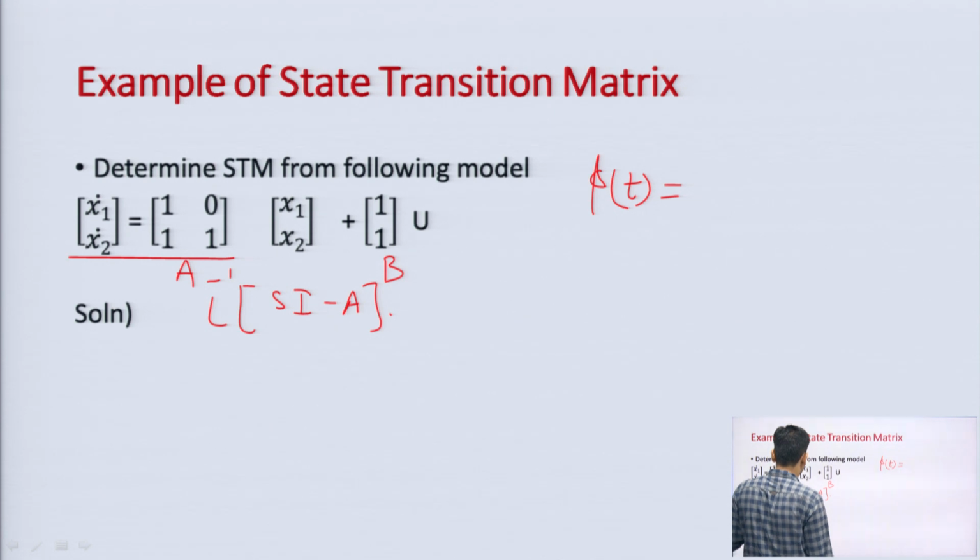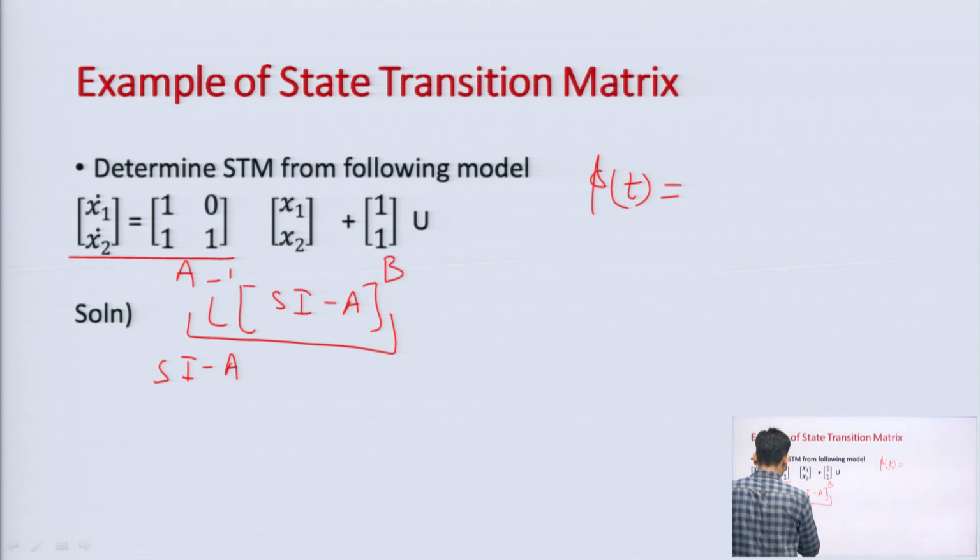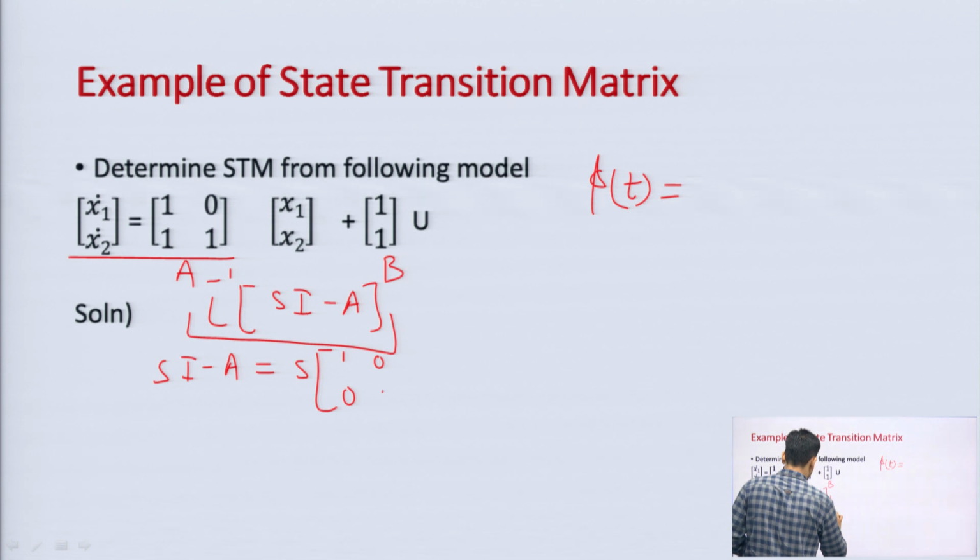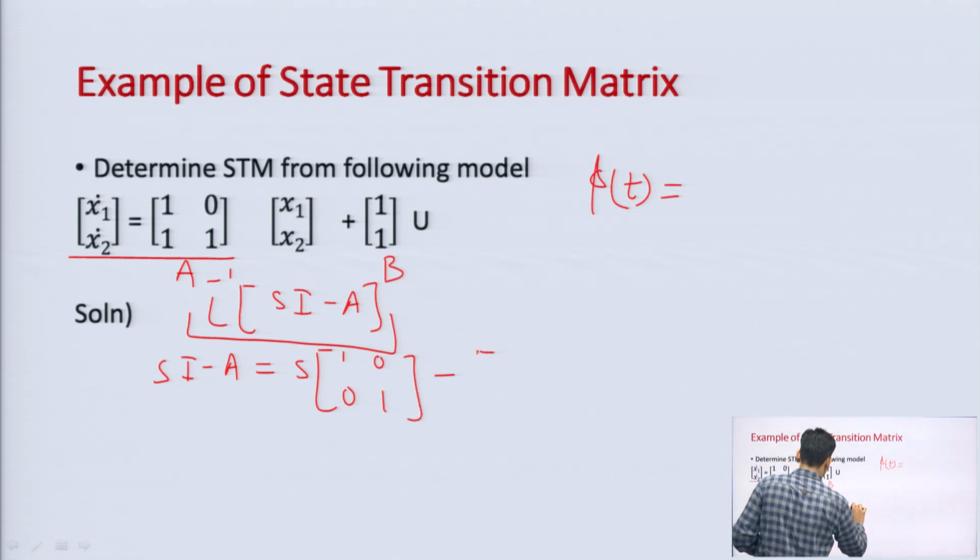If I assume it is 1, this will be my aim. The A matrix is given, so I need to calculate sI minus A, and it would be given by s times the matrix [1 0; 0 1] minus the A matrix [1 0; 1 1].